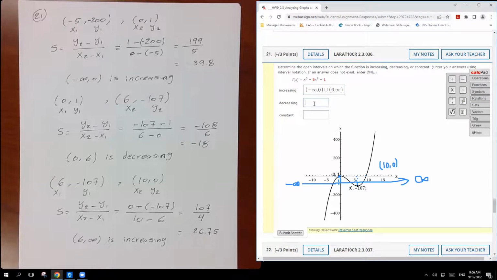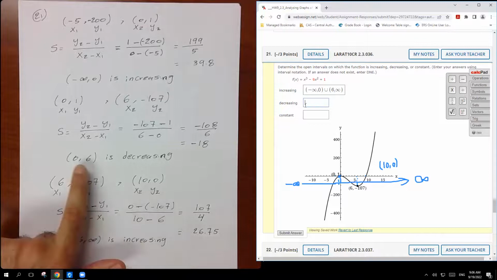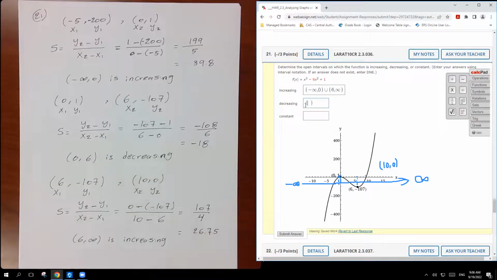Decreasing is going to be only from 0 to 6. So it's going to be 0, comma 6. And constant, there is no constant, so we're going to say D and E. D and E. That's it for this example.